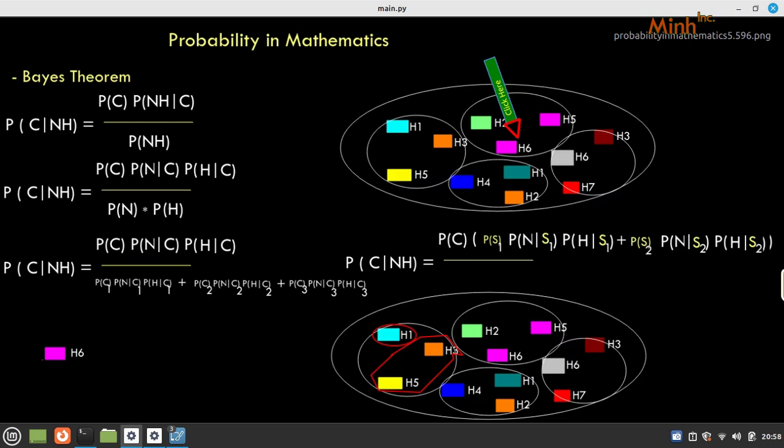Okay, can we think more? Now, if I have a class, and inside the class there is a new plane, name and height, can we again group in something like this? If that is the situation, then in the numerator we have the probability of the class, inside the subgroup the probability of name and height in the subgroup, plus name and height in another subgroup.